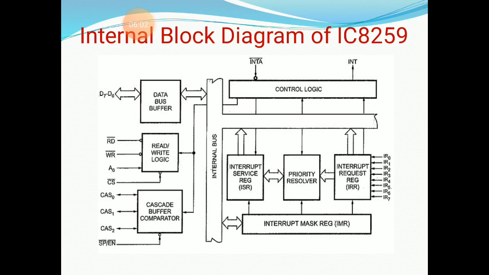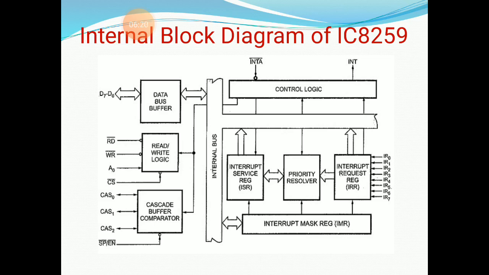A0 becomes either 0 or 1, which provides the two addresses of IC8259. The chip is enabled or disabled by using CS bar. The CS bar signal is generated by using address lines of the microprocessor and a decoder.